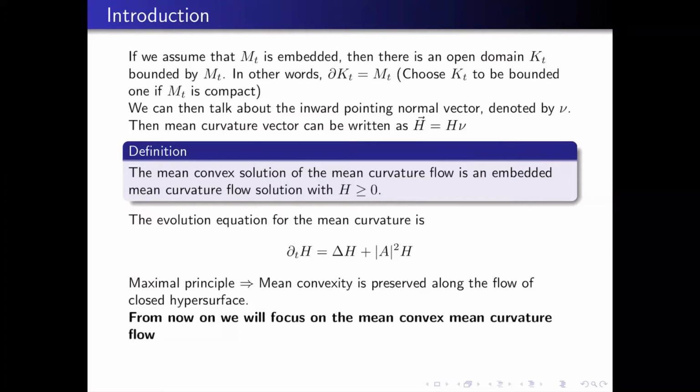So the picture should look like this. But then we can write the surface as a graph near this contact point and use the maximum principle to show that actually these two surfaces touched at an earlier time. So that's a contradiction. From now on, we will focus only on the mean convex mean curvature flow solution.